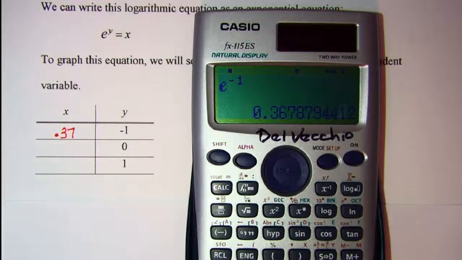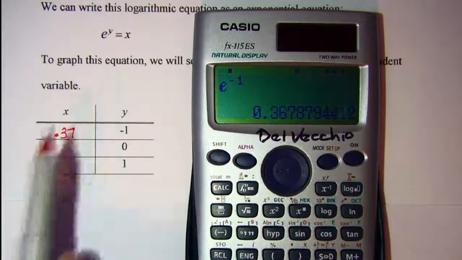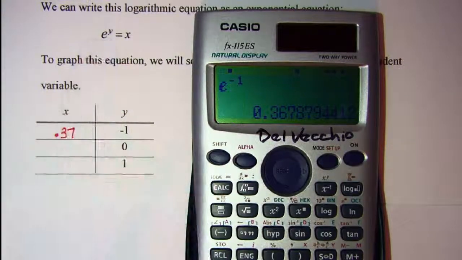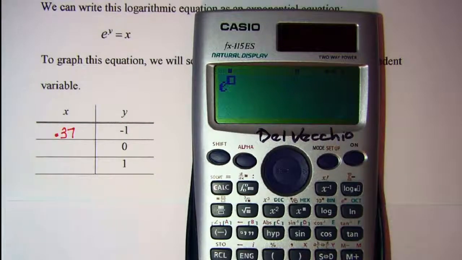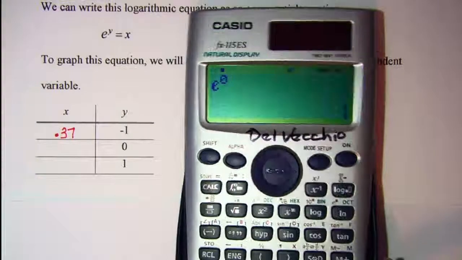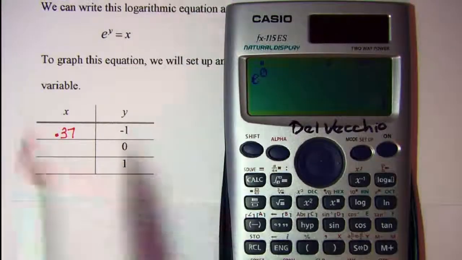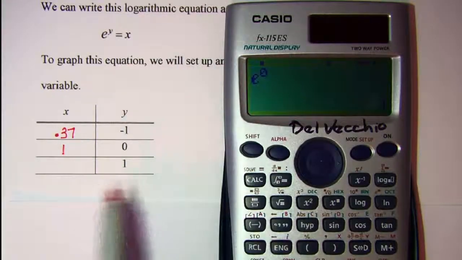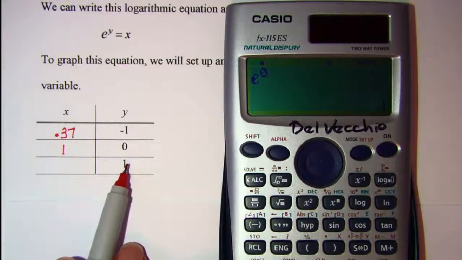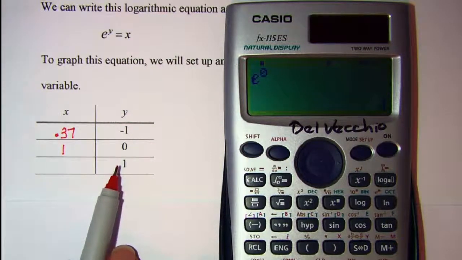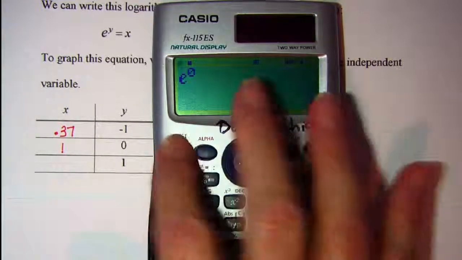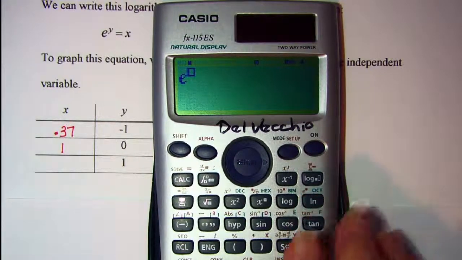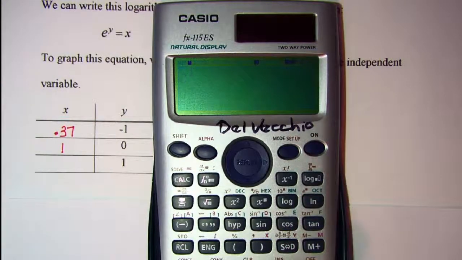Now we know anything to the 0 power is 1. Let me go ahead and do that with the e, just to show you. E to the 0 power is 1. And then e to the first power will be about 2.718. But let me go ahead and show you all of that, or as much as we can display on this calculator.